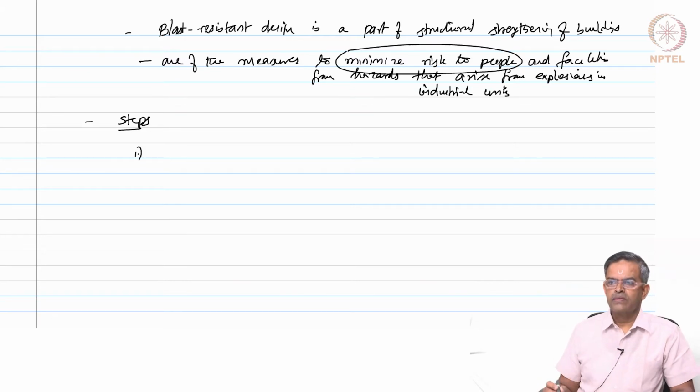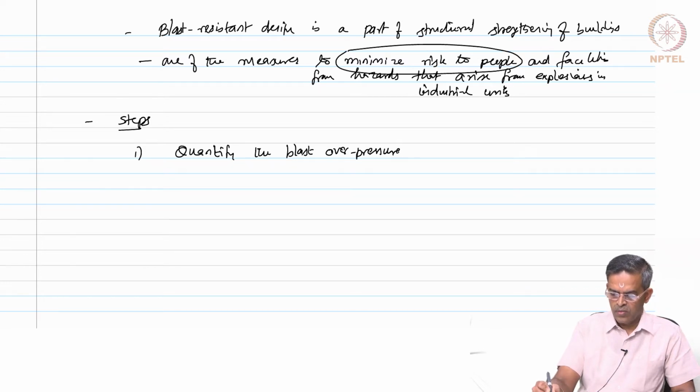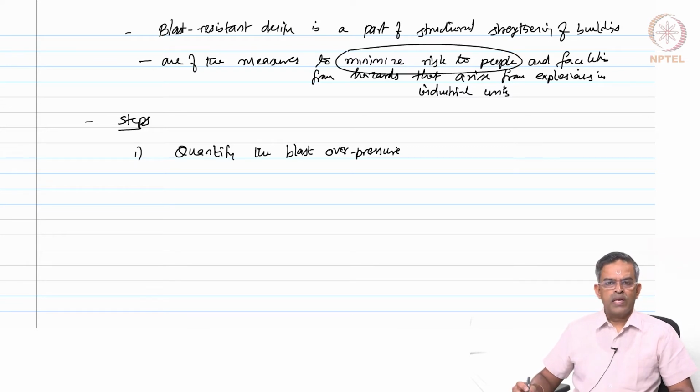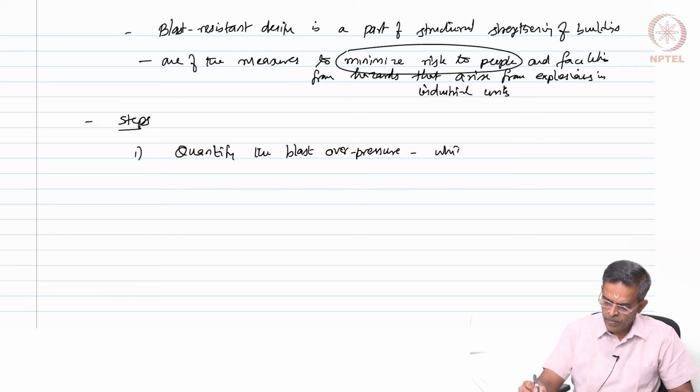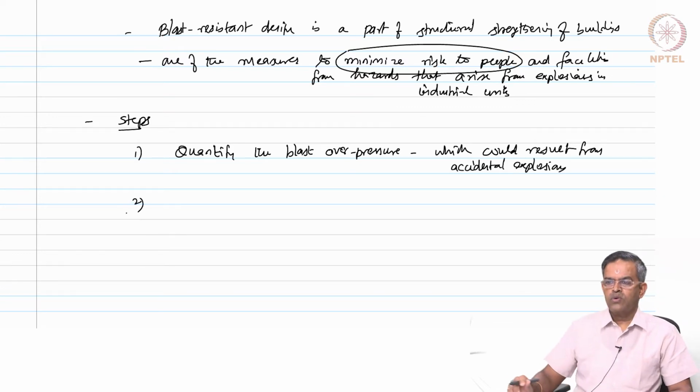The first step is to quantify the blast overpressure that could result from accident explosions. Step number 2, establish the design blast flow.